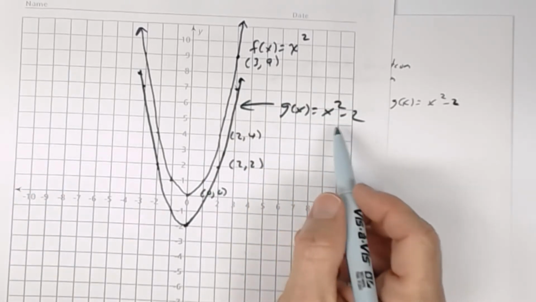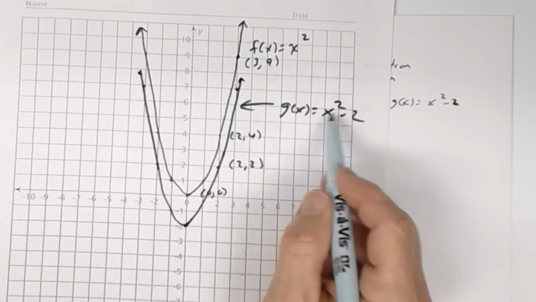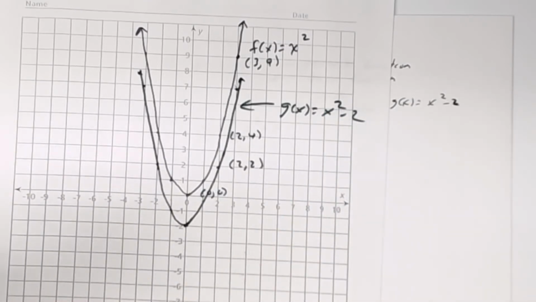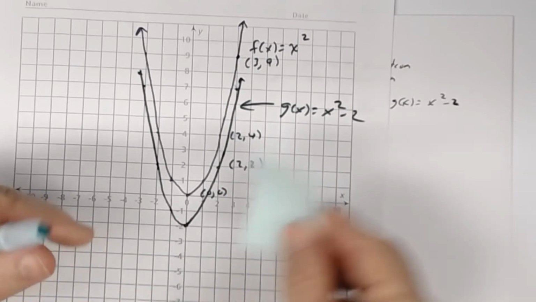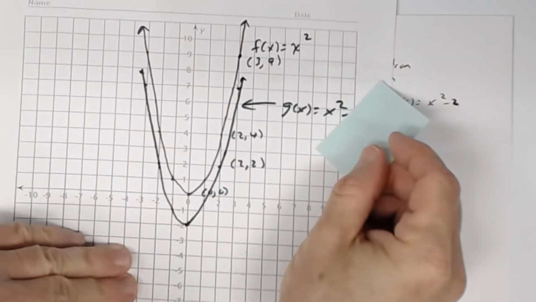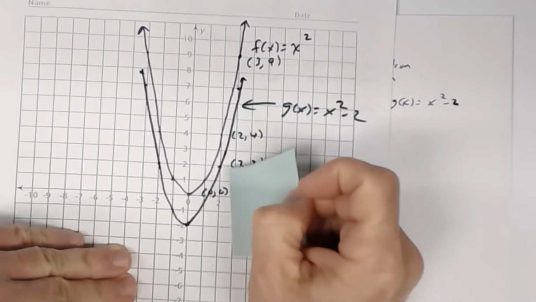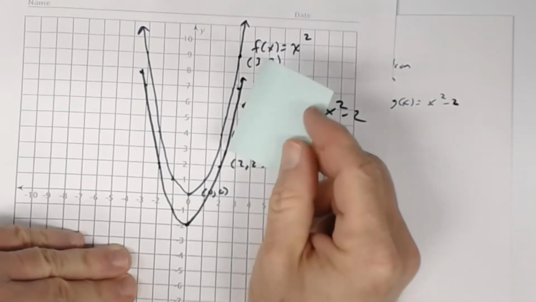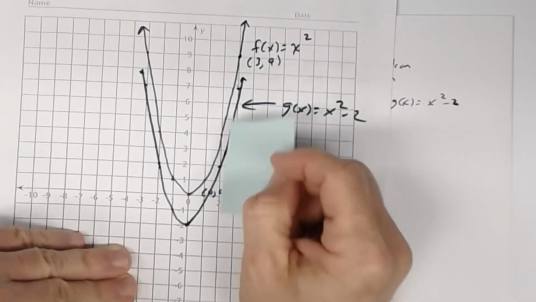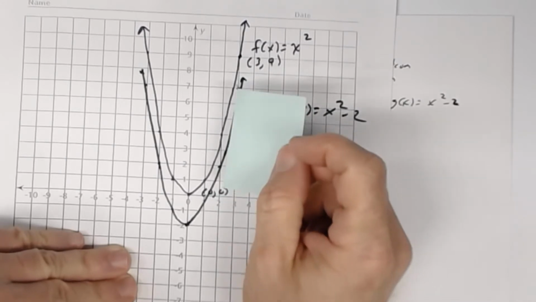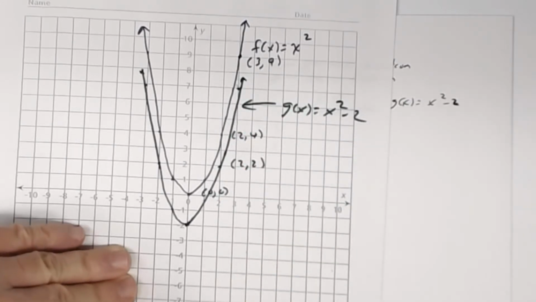So, whenever the numbers are on the outside of your parent function, see this is the parent function, x squared, you're shifting it either vertically up or vertically down. So since I'm subtracting 2, it's being shifted vertically down 2. All right.